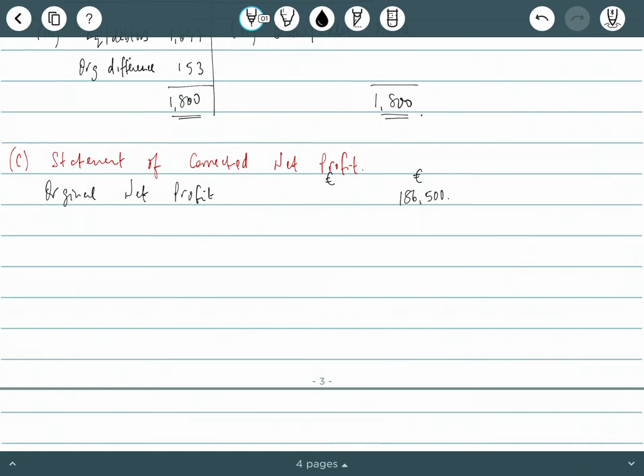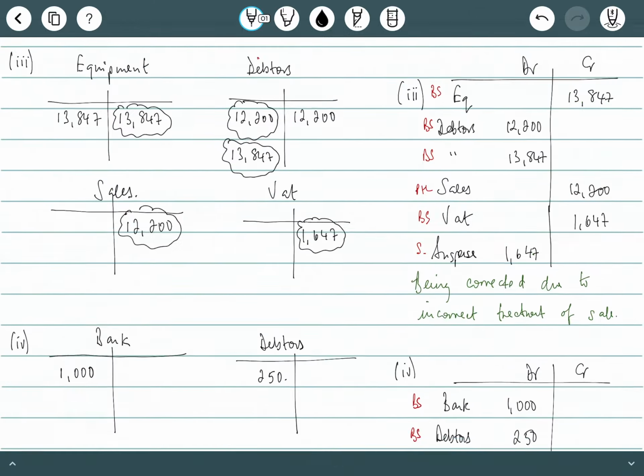It doesn't matter which one you do first here, lads. I'll add. Now remember your rules, lads. If a journal entry affects the P&L and it's in the credit column, to get the correct net profit, we add on. So I go back to my workings and locate any entry that affects the P&L on the credit side and add it on here to my original net profit. Let's go back up.